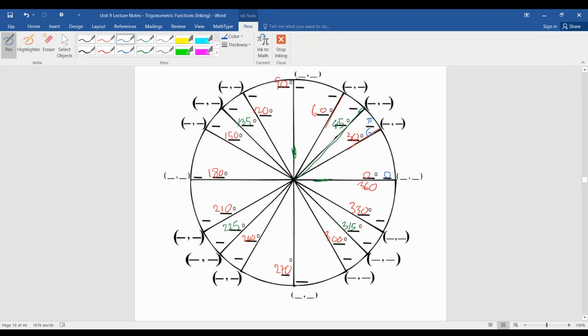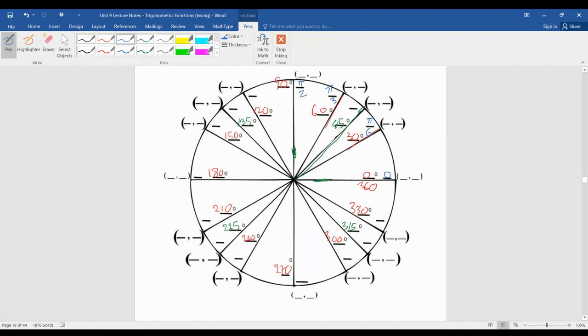So that's 1 pi over 6. This is 2 pi over 6. 2 pi over 6 simplifies to pi over 3. And then 3 pi over 6 simplifies to pi over 2. So let's do the counting again.